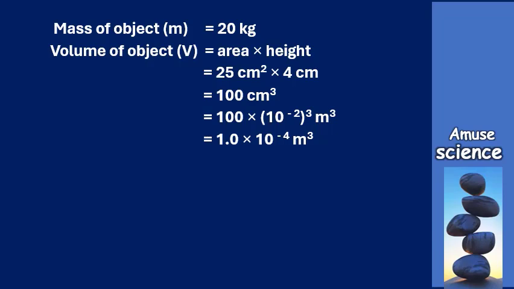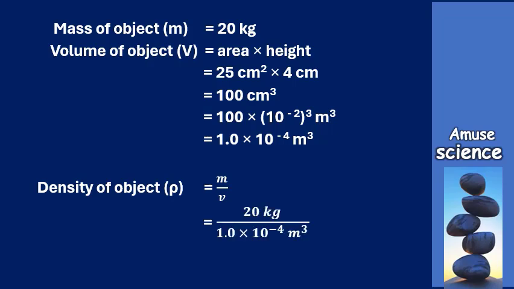The next step is to substitute the values and then find the final answer. The density of the object is equal to the mass of the object divided by the volume of the object. The mass is 20 kg divided by the volume, which is 1.0 times 10 exponent minus 4 meter cubed.